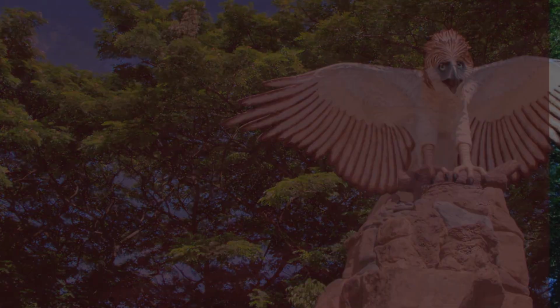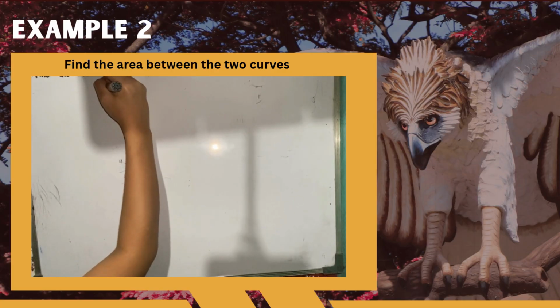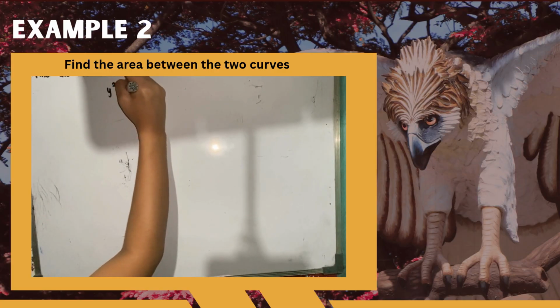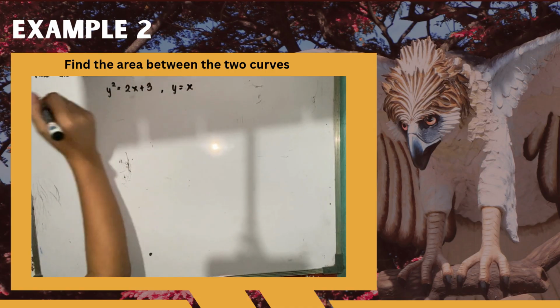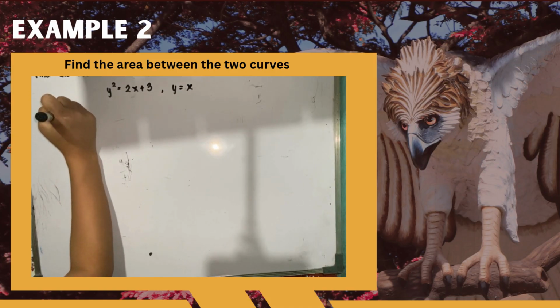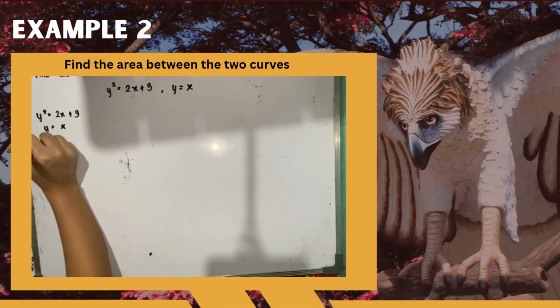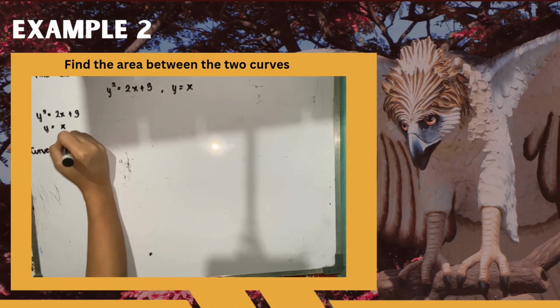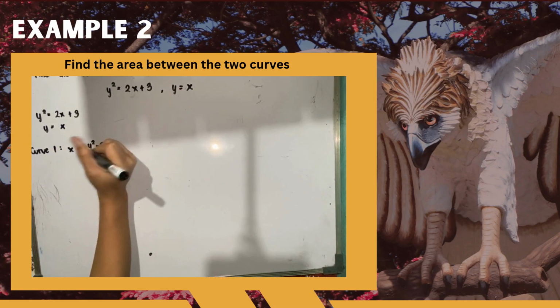Now let's find the area between the two curves. Our equations are y squared equals 2x plus 3, so it becomes x equals y squared minus 3 all over 2 for curve 1. From y equals x, so x equals y for curve 2. So find the intersection points. We have to set them equal. y equals y squared minus 3 all over 2.